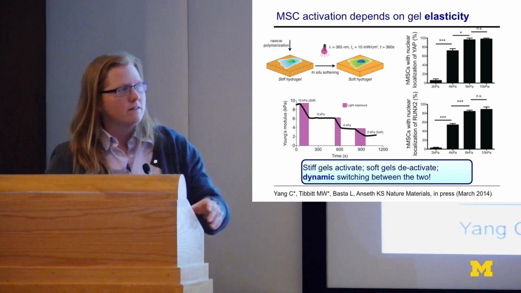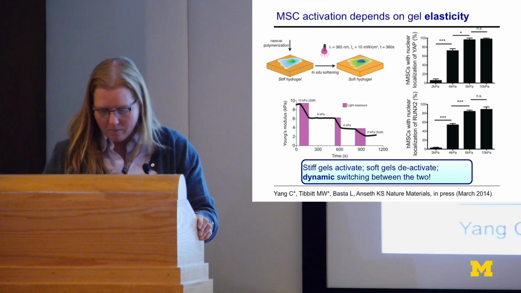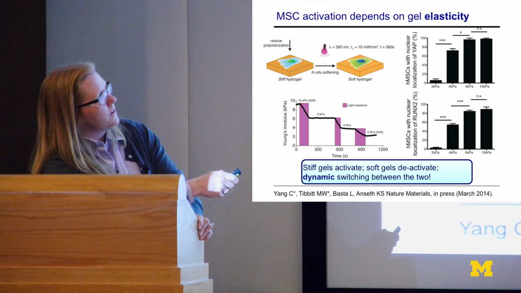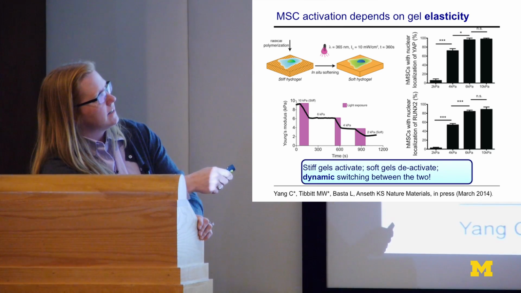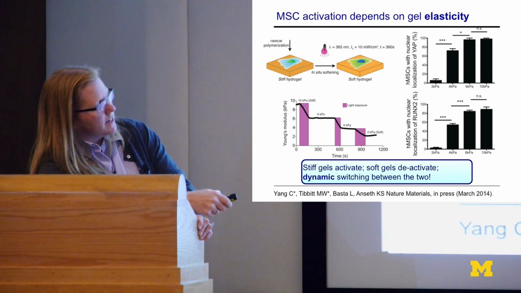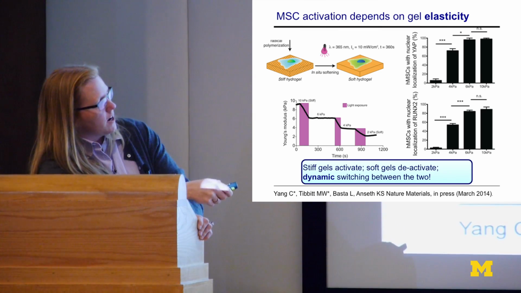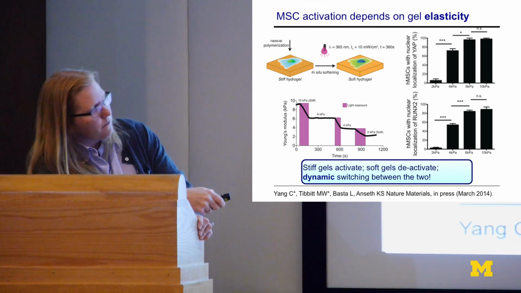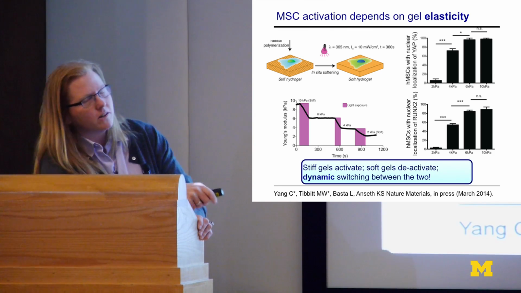It goes back and behaves like it's in a soft environment, not becoming an osteoblast. But now let's look here. What happens if you let it be in an environment for 7 days and then soften it? So look down here at 7 days. In the stiff environment, it expresses that osteogenic transcription factor. And then when I soften, it goes down and reverses again. It just takes a little bit longer time.